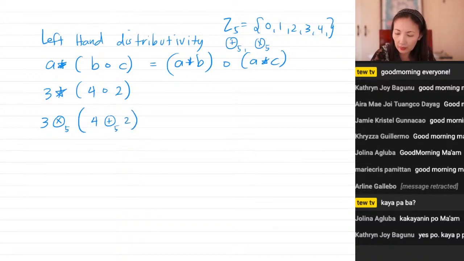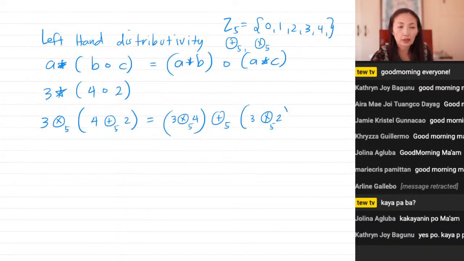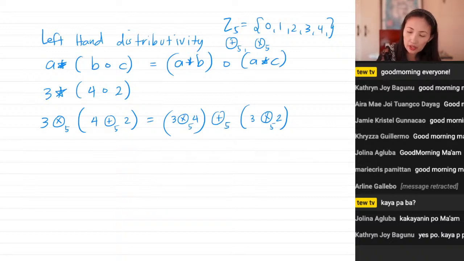This is the left-hand distributivity. Checking on it and simplifying, this will give us 3 times 4 modulo 5 plus, modulo 5, 3 times 2 modulo 5. This is how to check for left-hand distributivity. Although we're using specific cases, we can use general terms.